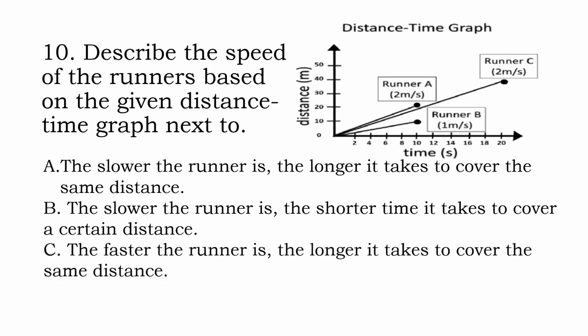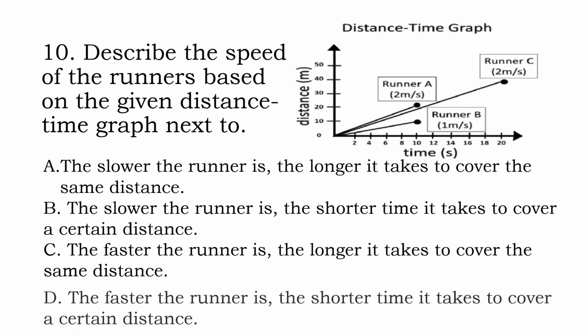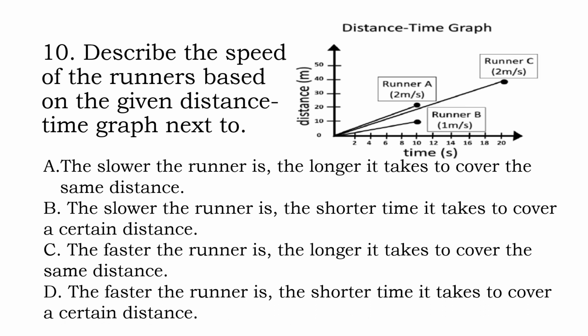Letter C. The faster the runner is, the longer it takes to cover the same distance. And for letter D, the faster the runner is, the shorter time it takes to cover a certain distance. And the correct answer is, are you ready? Letter D.